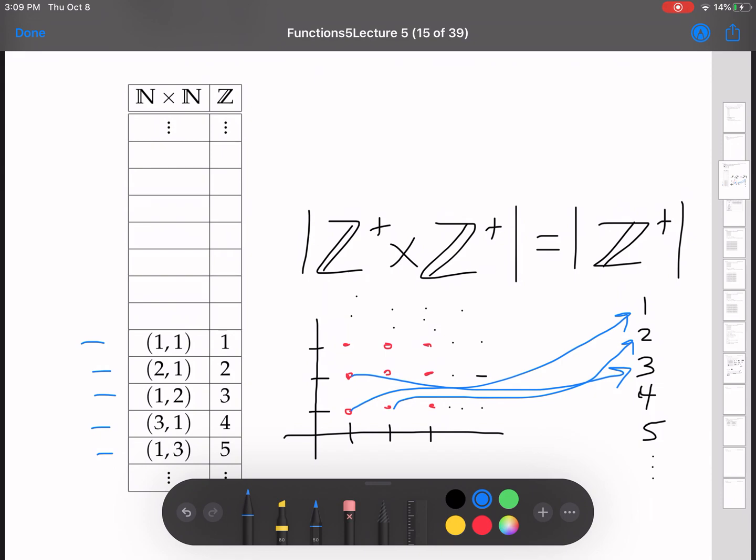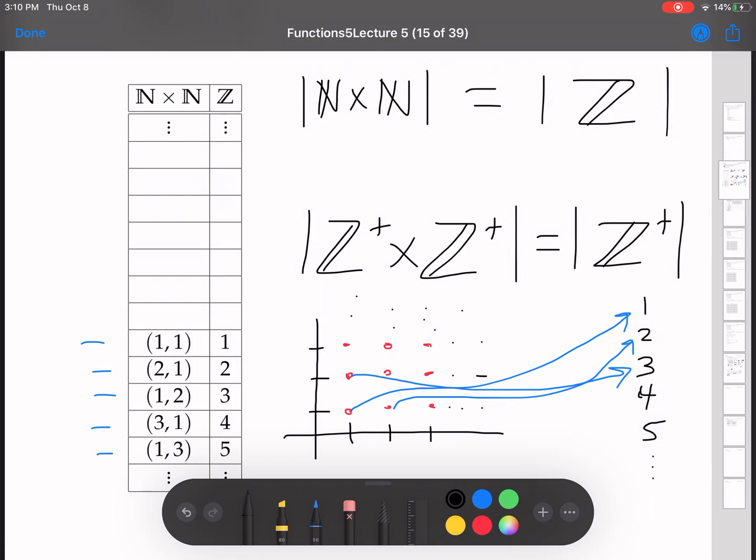But what we're concerned about is N cross N to the integers, defining a bijection from N cross N to the integers.